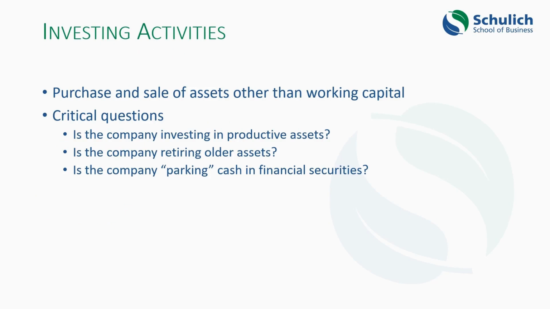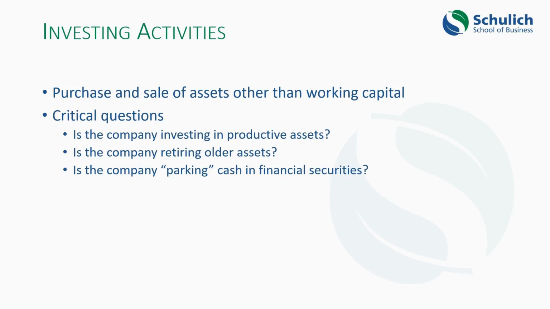The investing activities, or the cash from investing activities section, is where you will see the purchase and sale of assets other than the working capital current assets. If a company buys a new factory or vehicles, you'll see negative cash outflows there. If they sold vehicles or sold some of the fixed assets, you'd see positive cash flows there.